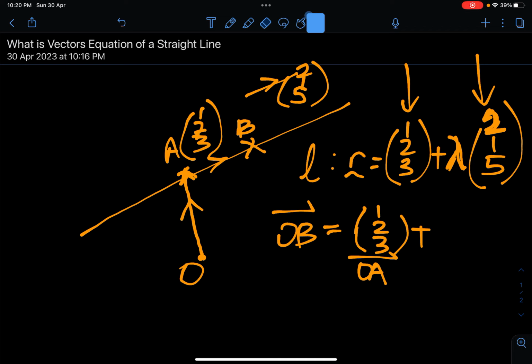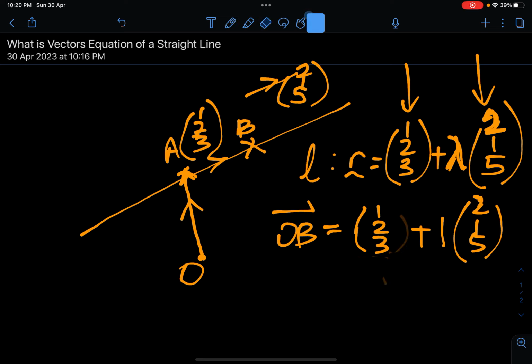So OB, if you work it out, would be (2, 3, 8).